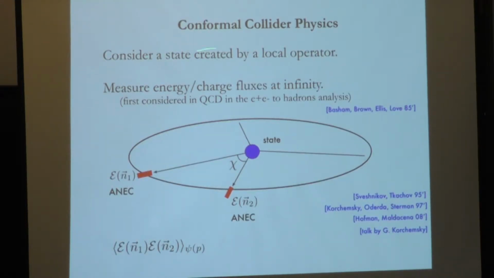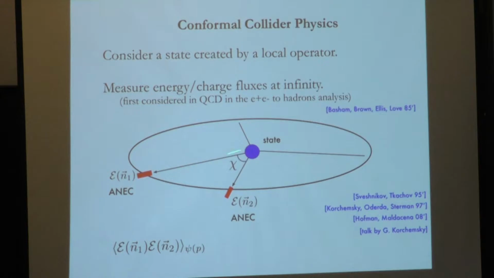So let me formulate what a conformal collider experiment is, the setup for the energy-energy correlator. It was first studied in QCD in e plus e minus annihilation to hadrons. For me, the relevant thing is that we consider a state created by a local operator. In the case of e plus e minus, it's the electromagnetic current.